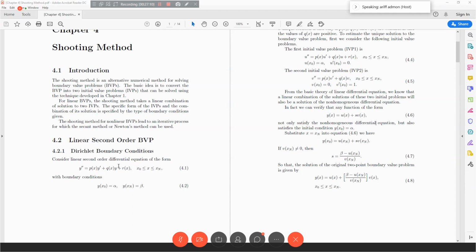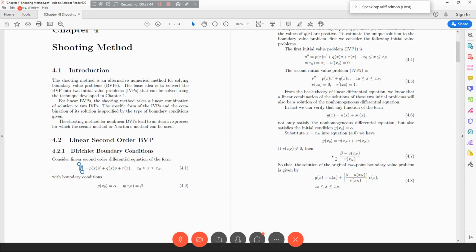So this y you can substitute from 4.6. How about y prime? You differentiate this one to get y prime, and then you substitute here. And y double prime, you differentiate once again and substitute here. Make sure left hand side and right hand side are equal. If they are equal, it means that this solution y, equation 4.6, satisfies 4.1.